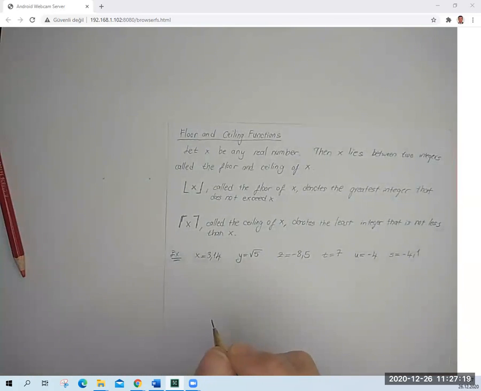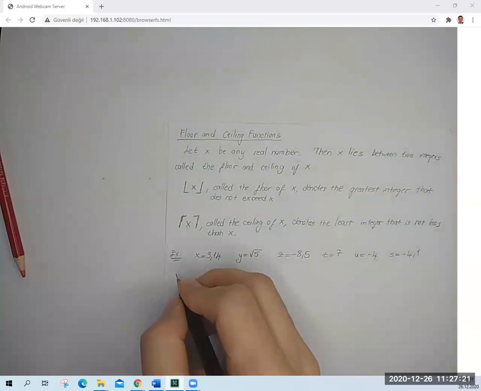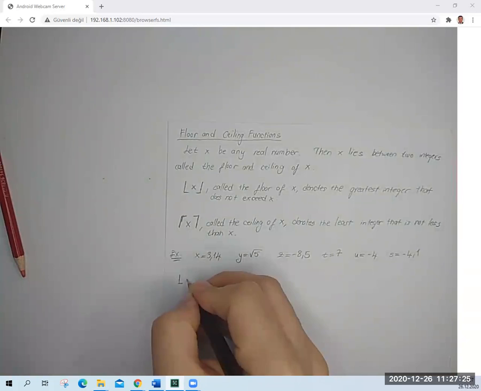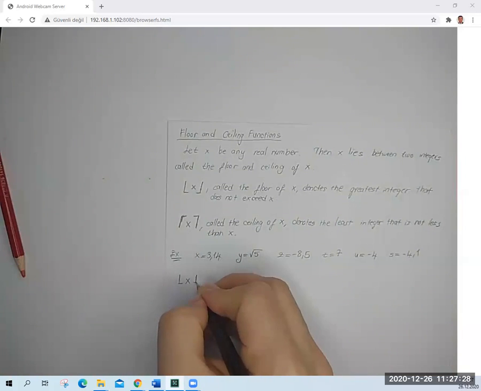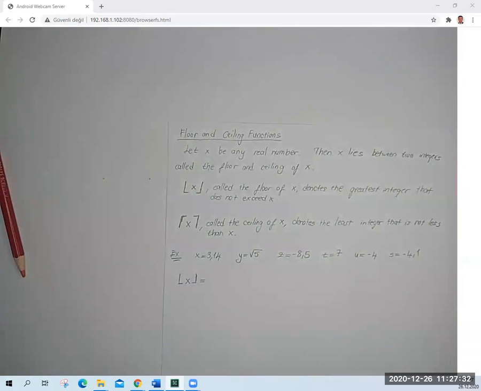Okay, if we write the floor of x, this is going to be what? Also, you are using the coding, right? That kind of equalities. This is the function also.